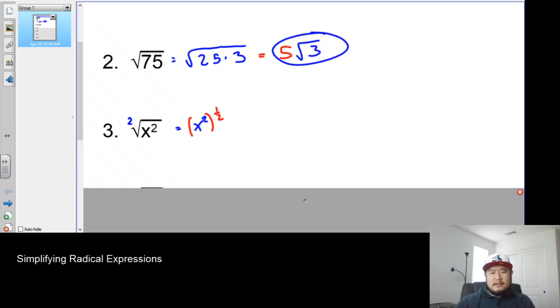Meaning you're going to take this 2 and multiply it by 1/2, and that equals 1. So bottom line right here, we take x squared and raise that to the 1/2 power, that's going to equal x to the 1, or just x by itself.